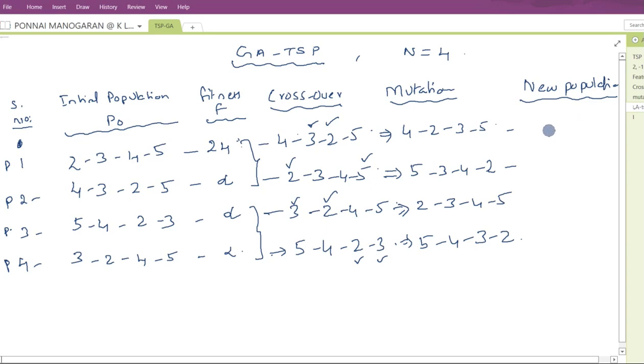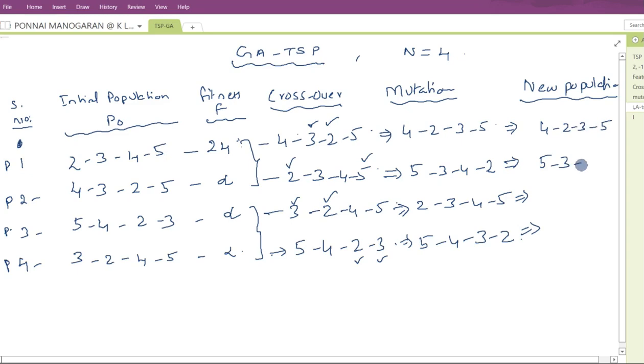In these steps, we didn't include the elite concept. You can also incorporate it, that is not a problem. This is just one sample example of how a single iteration can be performed. Like this, you have to perform this experiment for the maximum number of iterations to get the optimum solution.